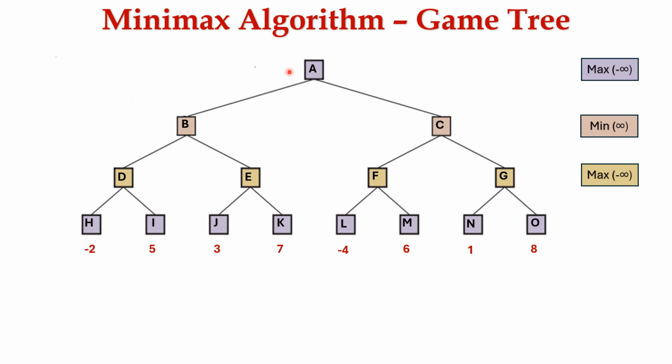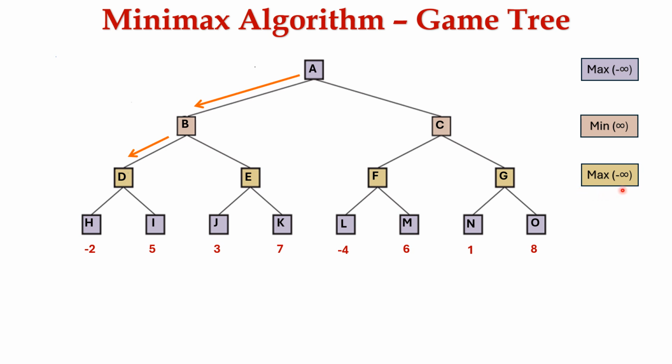Now we need to expand the game tree from root node A using the DFS algorithm till we reach the leaf node. Now we need to move from root node A to node B. Next we move to node D. Node D has two children, that is node H with value -2 and node I with value 5. The evaluation begins by initializing node D as minus infinity.